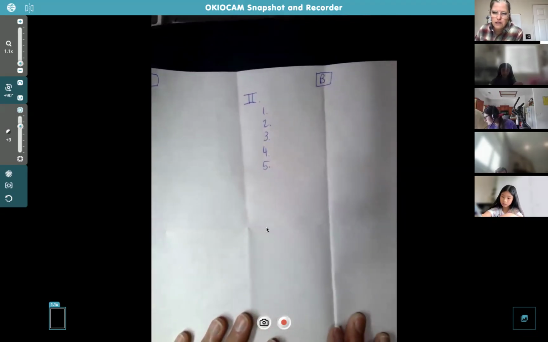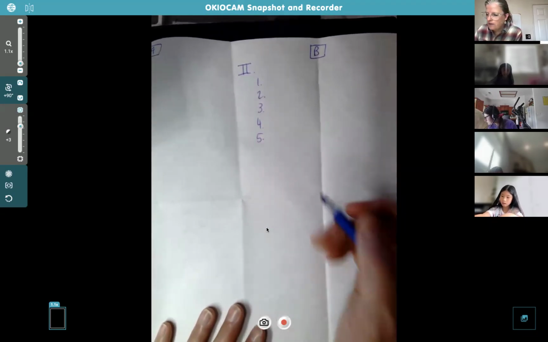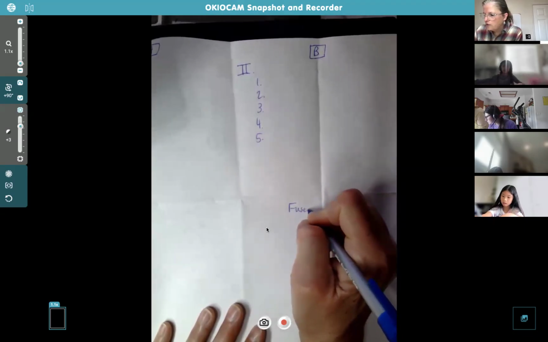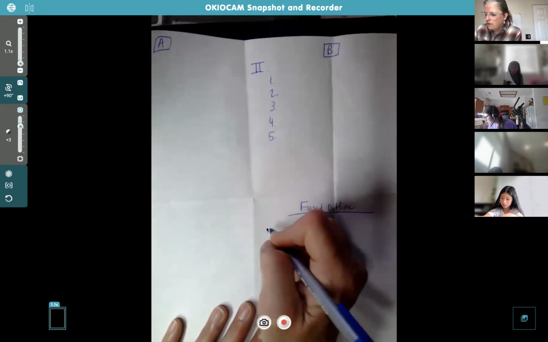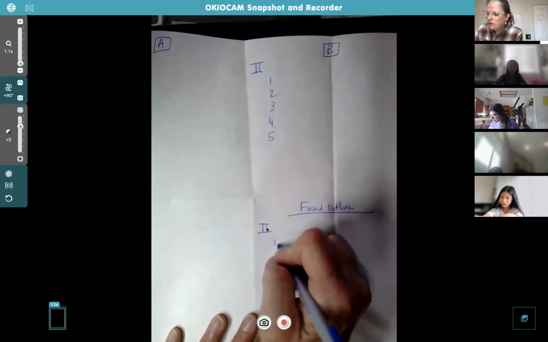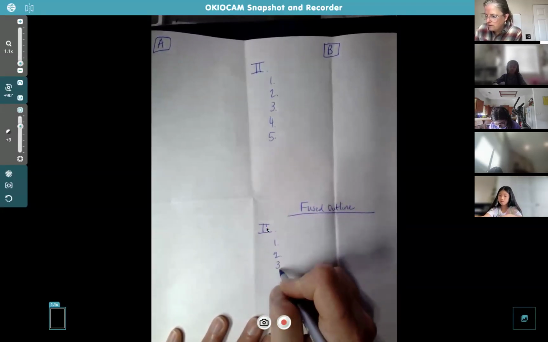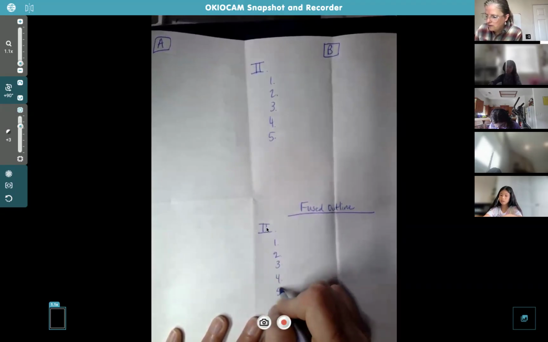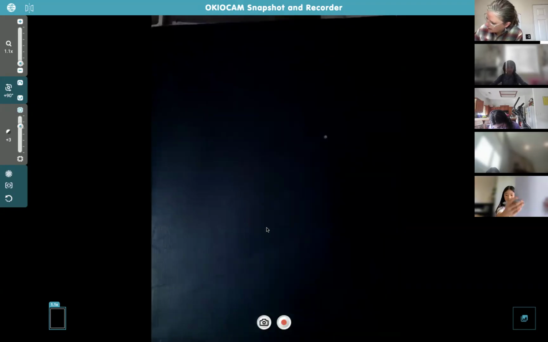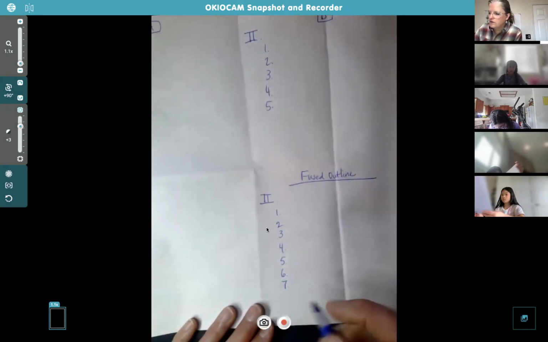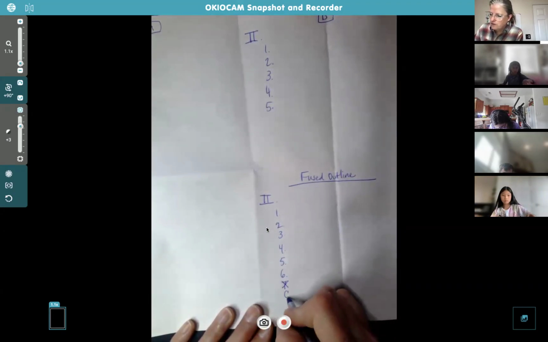If you need to use C, you can add your C, and then we're just going to go straight to the fused outline, Roman numeral 2, and this one's going to be 1 through 7. And I think on this one we did have, nope, sorry, 1 through 6. You don't need 7, just 1 through 6.